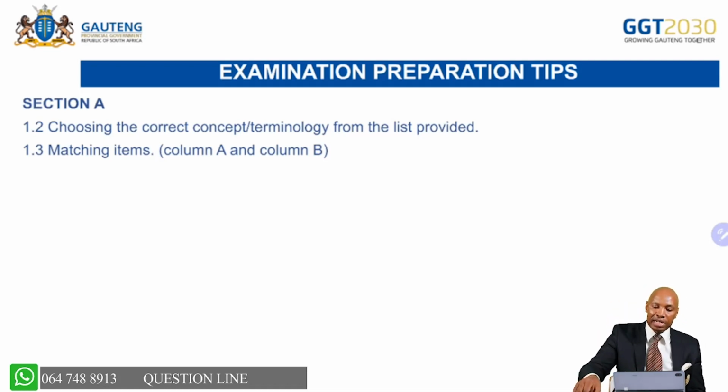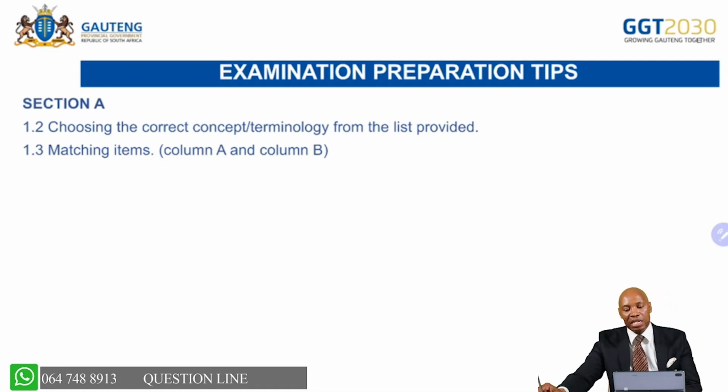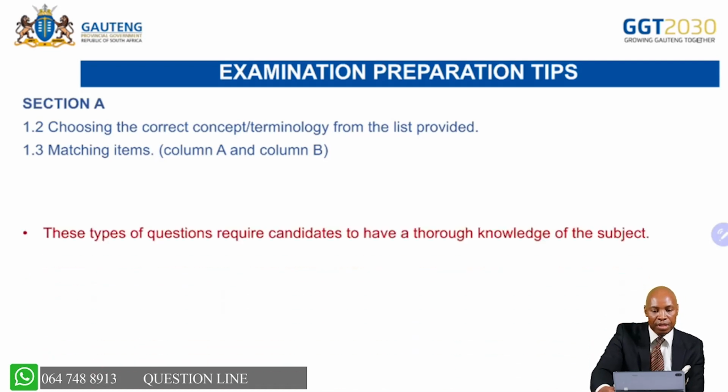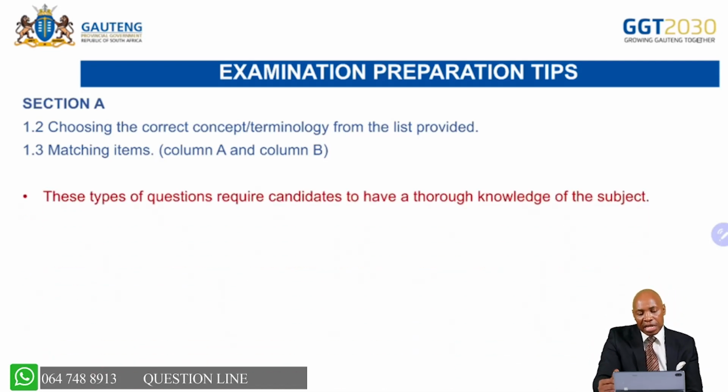When the instruction requires you to write the letter, please write the letter as it is required in the question paper. These types of questions require you to have a thorough knowledge of the subject, which I'm saying is that it is important that you know all your 5 subtopics so that you are able to respond to section A.